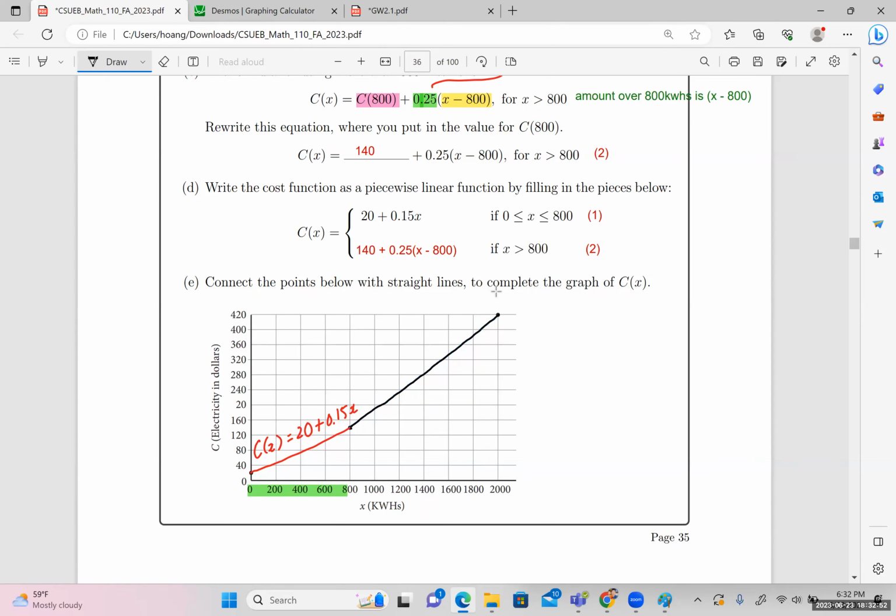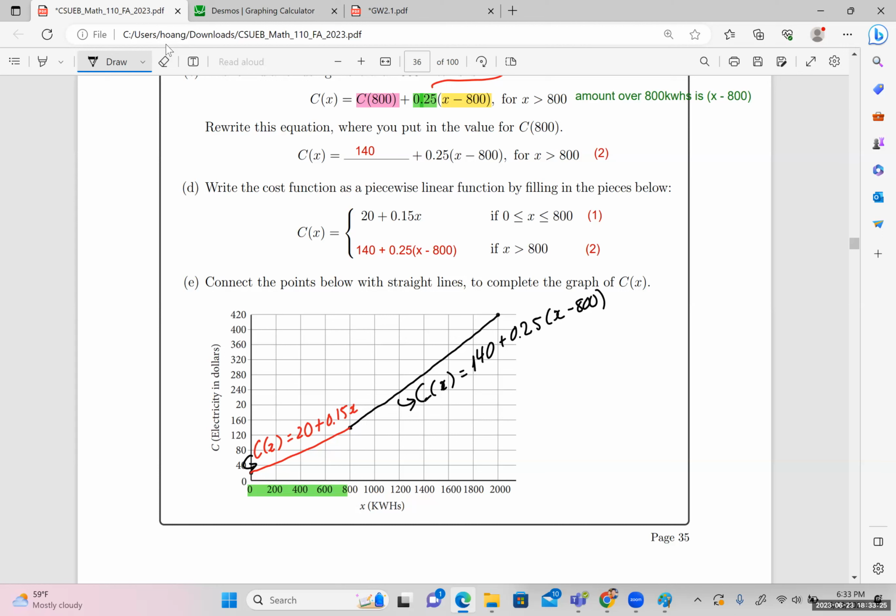It becomes a new line with a different slope, and it's going to be C of x equal to 140 plus 0.25 times x minus 800. So they connect, but with a different slope.